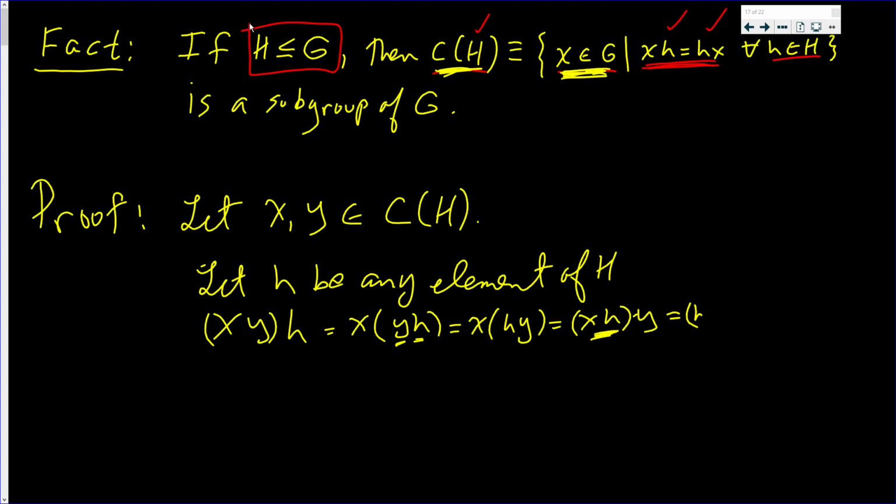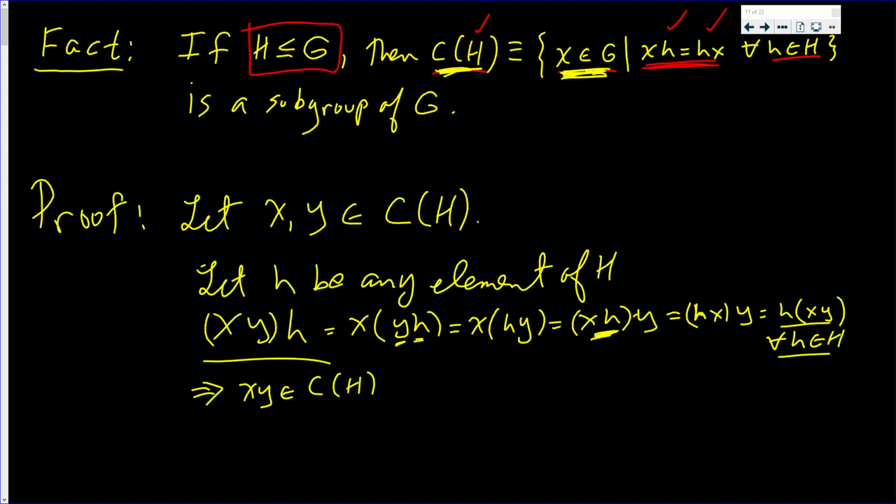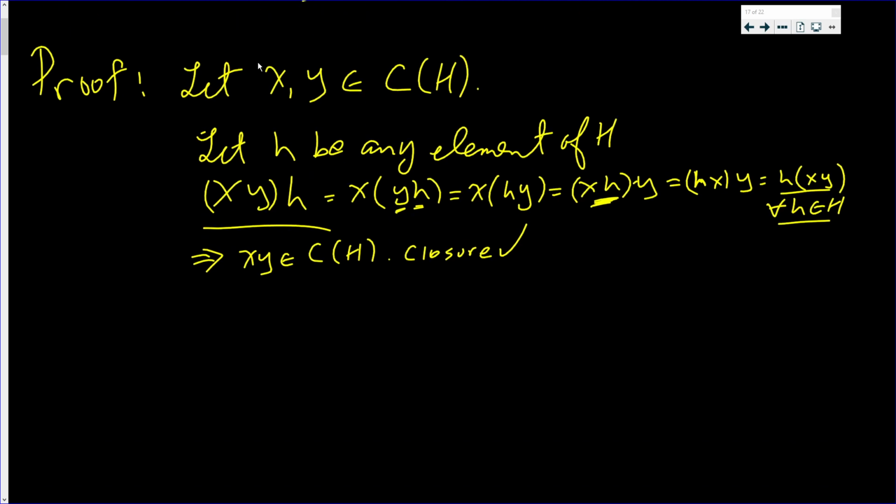This is H times XY, and this is for all H in H. This is equal to that for all H in capital H. That implies that XY is an element of C of H. So we have closure.